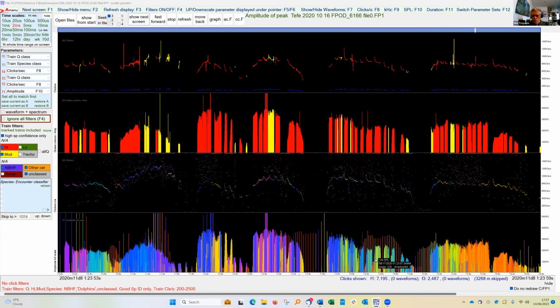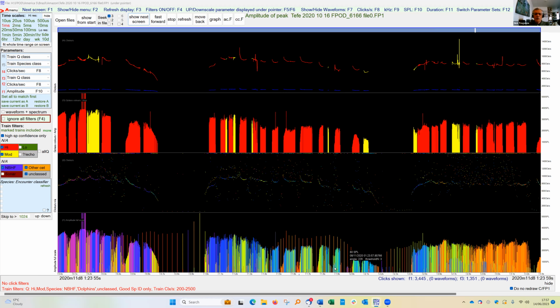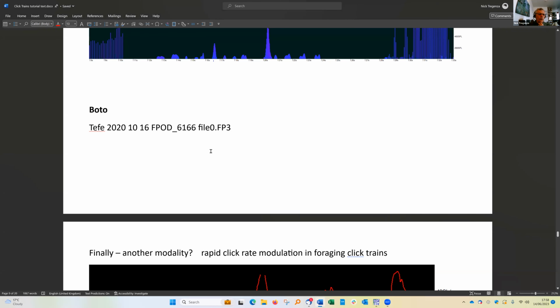So I don't yet know how to interpret these, and I think you probably need an array of instruments to figure out whether these breaks are actually the animal pointing in a different direction or it's stopping and starting. Okay, so where have I got to?